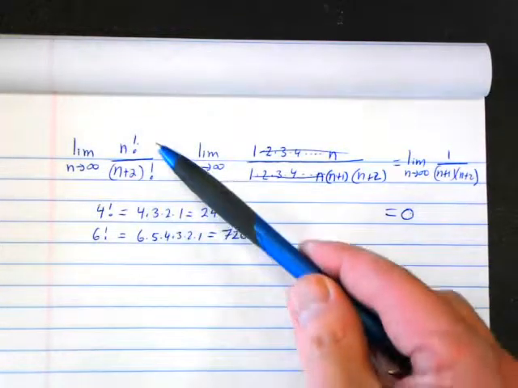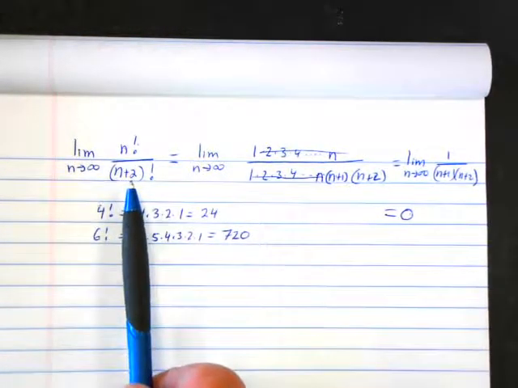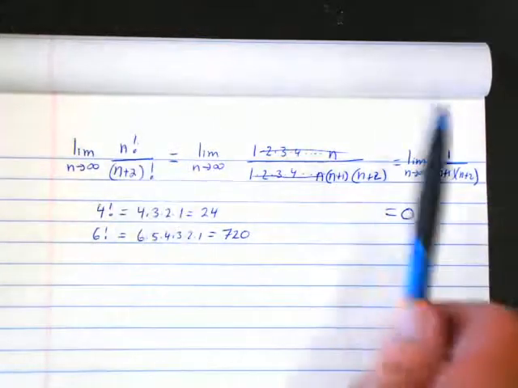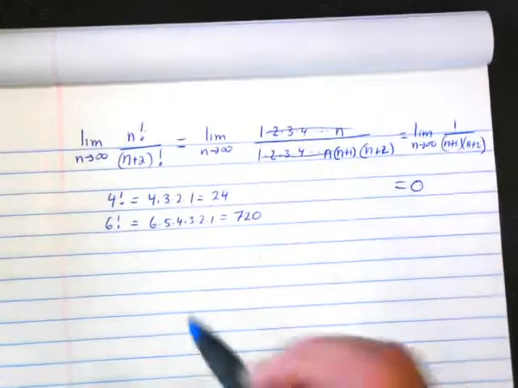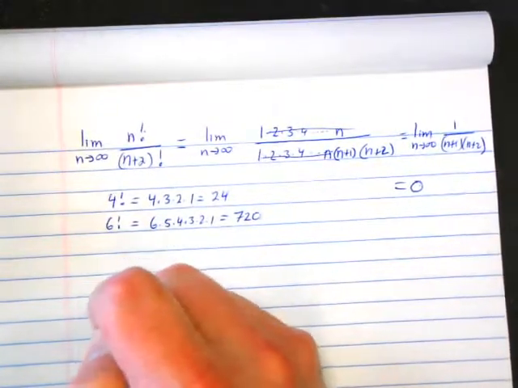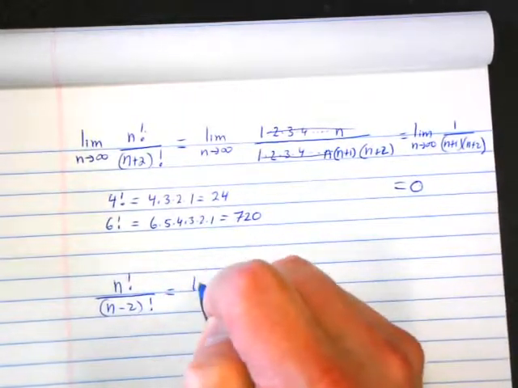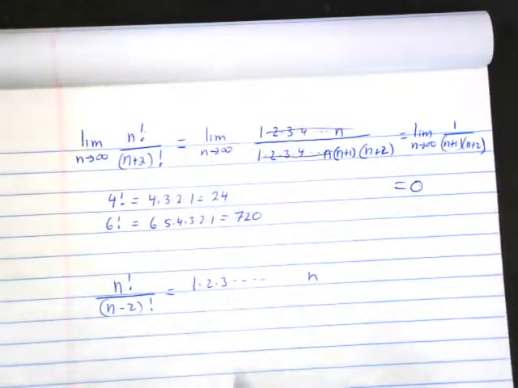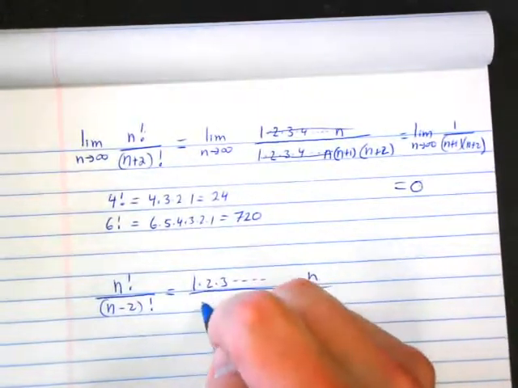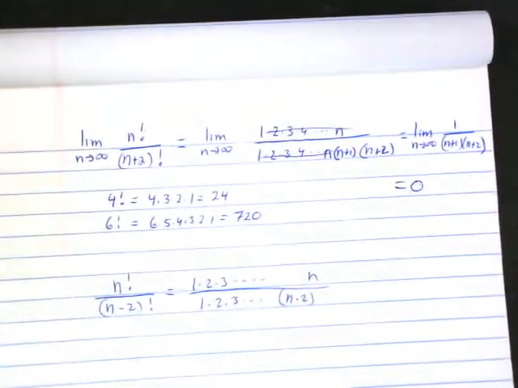If I had n factorial up on top, but I had n minus 2 factorial down on bottom, then I'm going to have more on top than I do on bottom. Because n factorial divided by n minus 2 factorial would be 1 times 2 times 3, I stop at n, over 1 times 2 times 3, stop at n minus 2. But then you've got to think about what's going to cancel.